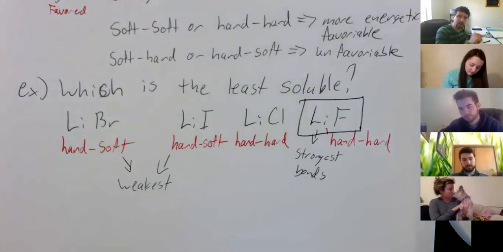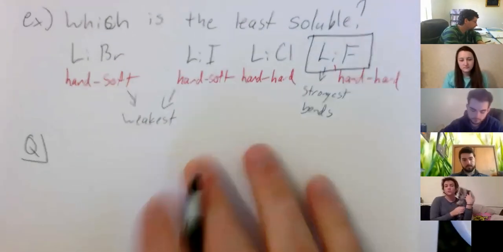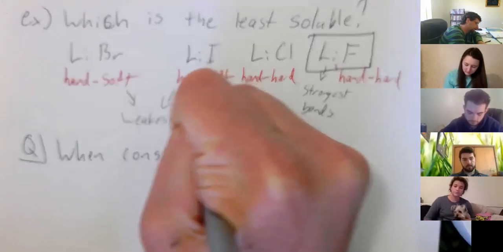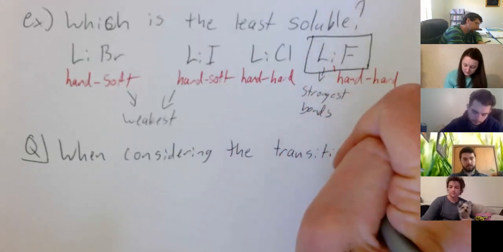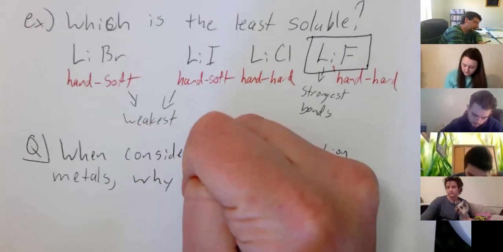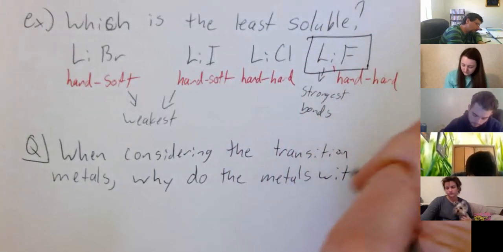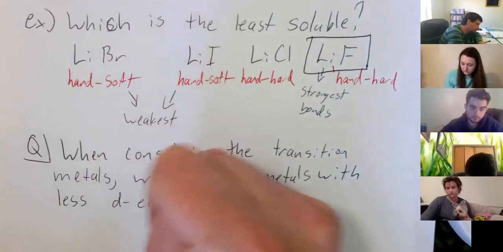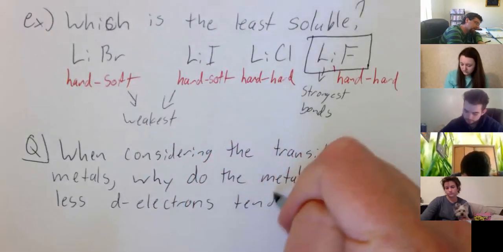Okay. One more thing I want to emphasize. When considering the transition metals, why do the metals with fewer d electrons tend to be hard?